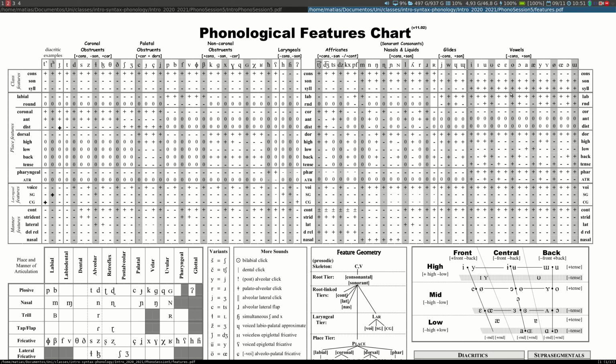And that's the point here. Now, then you have the syllabic feature, and this only includes vowels. So here we're saying vowels behave differently from glides, nasals, affricates, laryngeals, etc. They build a group.